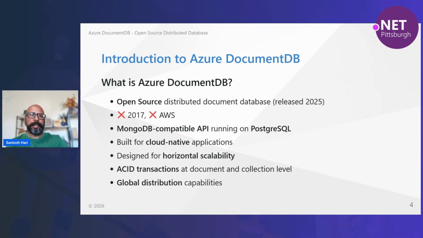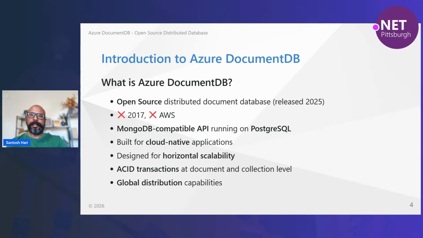And you will also see that there is an AWS service named DocumentDB. This has nothing to do with that. What this is, is a new open source project, and this project was released in 2025. So this is a brand new project. I'm repeating this multiple times so people don't get confused by this.